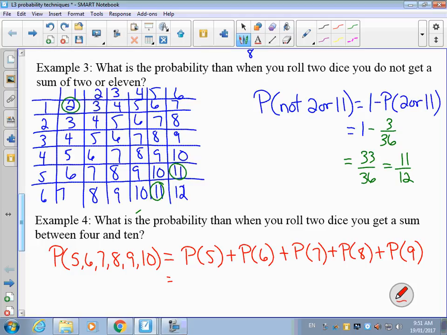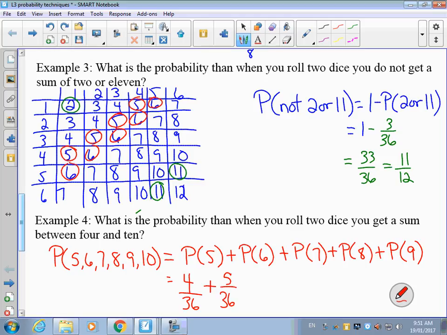And if I look at my board, well, 5. There's my 5. 1, 2, 3, 4. So there's 4 times out of 36 that there's a 5. All right, let's look at the 6s. 1, 2, 3, 4, 5. Starts at the 5, and there's 5 events of 6 out of 36. 7.